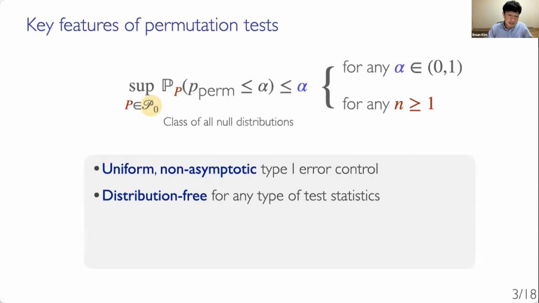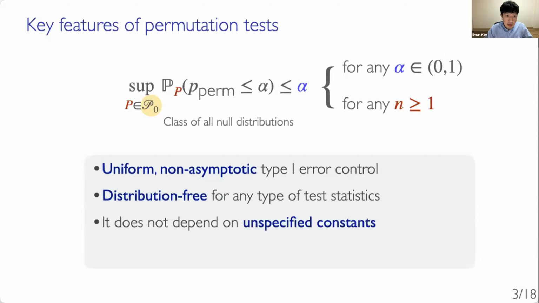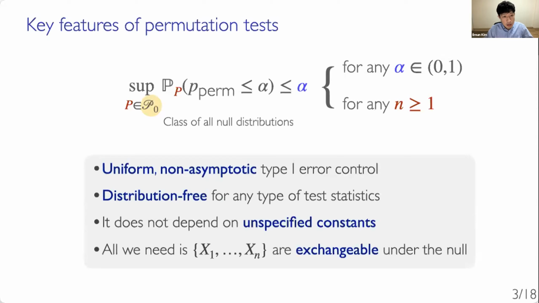In addition, the permutation test is distribution free for any type of test statistics, and it does not depend on unspecified constants in their critical value, so that we can easily implement this procedure in practical applications. However, I want to emphasize that the permutation test is not assumption free. In fact, we need to assume that the samples are exchangeable under the null, which is not a strong assumption for many problems that we are interested in, at least in this talk.